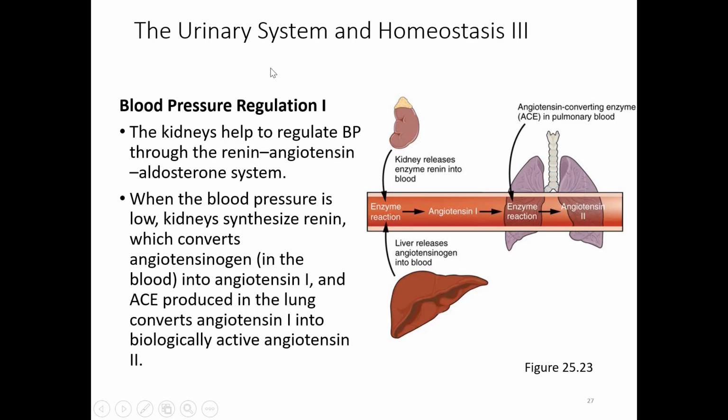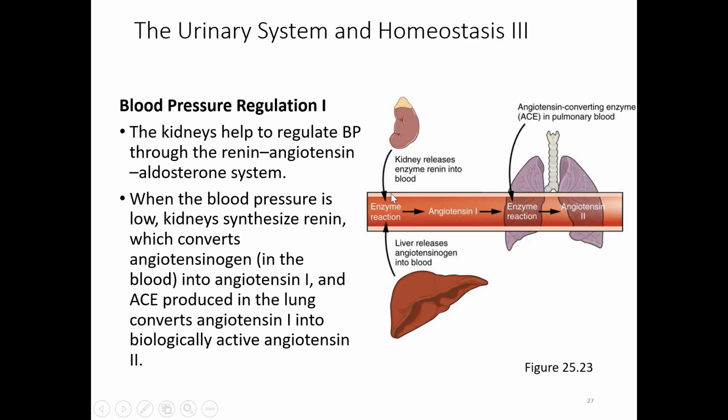Finally, let's talk about blood pressure regulation one more time. So our kidneys produce renin, and that renin is a hormone taking part in a system called the renin-angiotensin-aldosterone system. So the liver produces a substance called angiotensinogen into the blood.